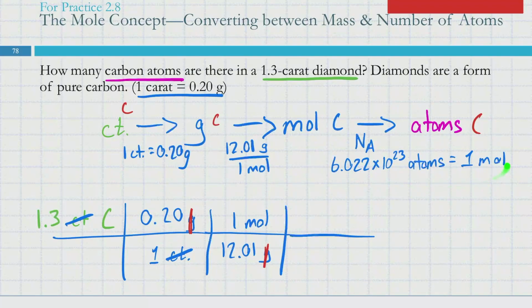And then for our last step with Avogadro's number, we have moles. The 1 mole needs to go on the bottom, and the Avogadro's number part needs to go on the top with atoms. So this gets our moles to cancel. The units that come through are atoms in our last conversion factor and the carbon that we were using at the beginning.